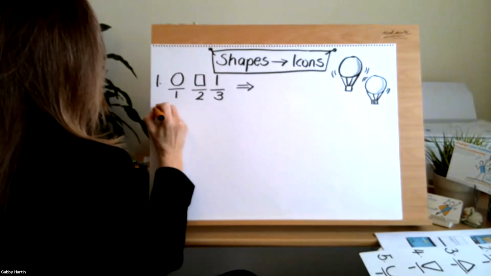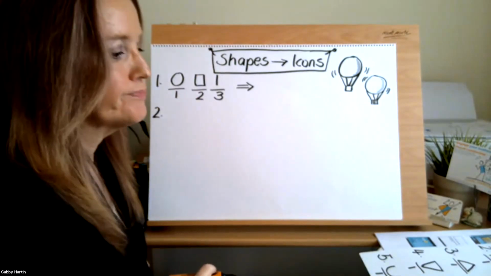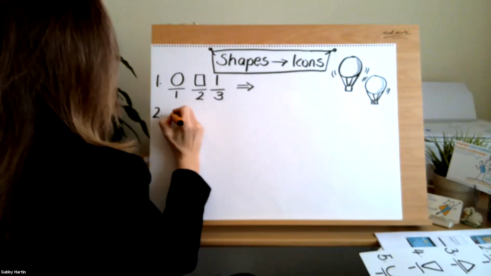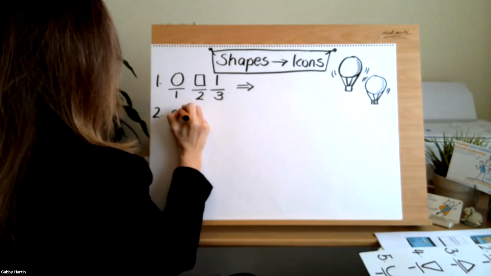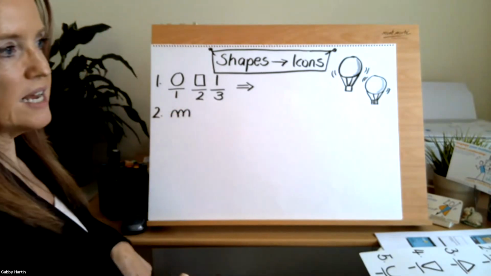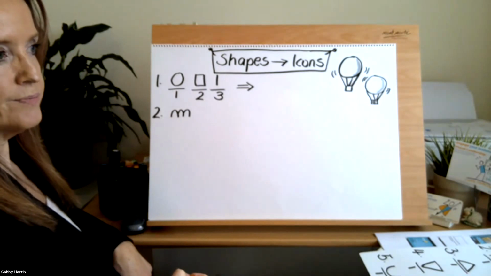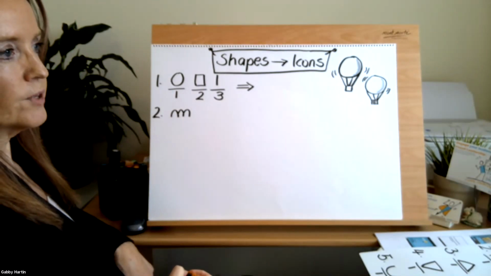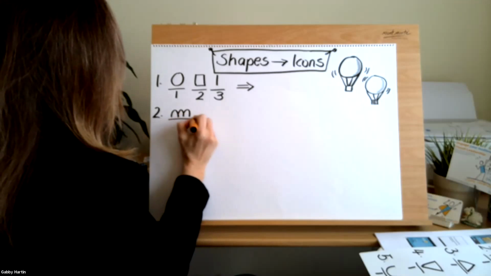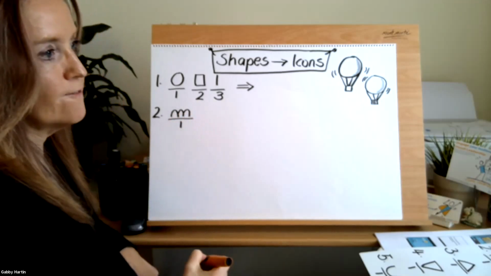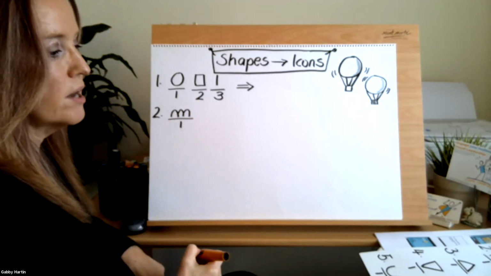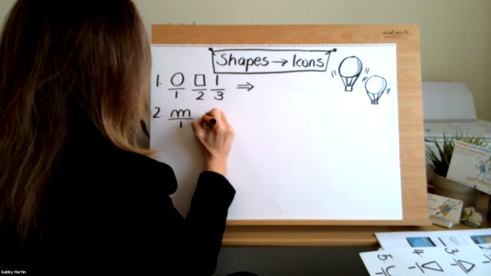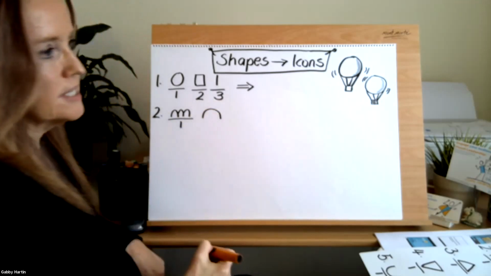All right, let's try another one. This time I've got 1, 2, 3, like the letter M. We'll do 3 of those. That's going to be first as we draw our icon. The next shape is a semicircle.